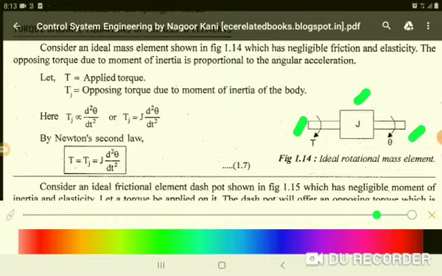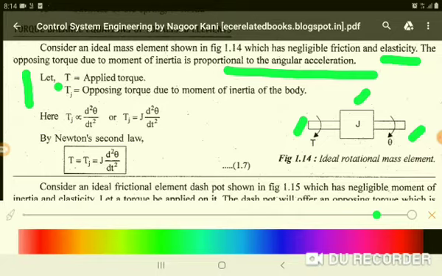Here we ignore friction and elasticity. So the torque due to the moment of inertia is proportional to angular acceleration only. Let T be the applied torque and Tj the opposing torque due to the moment of inertia.